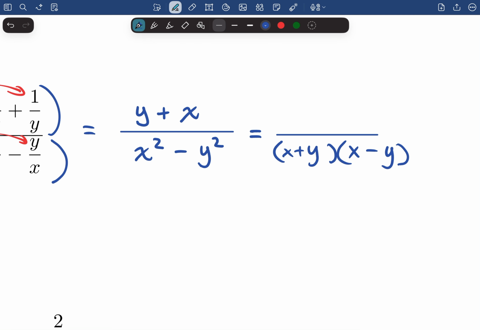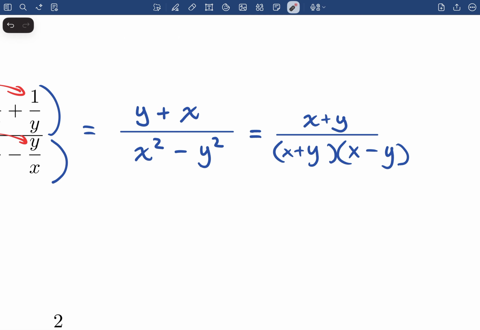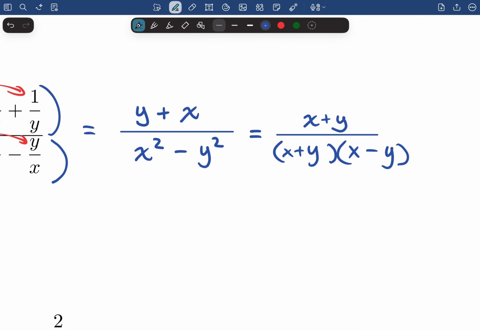And looking at the top, y plus x, well, to make your life easier, we could write y plus x as x plus y, because addition is commutative. It doesn't matter the order with which you add things, so we can make that switch. Why would I want to do that? Because then it makes it really clear that I've got this x plus y factor on top and the same x plus y factor on bottom, which cancel each other.